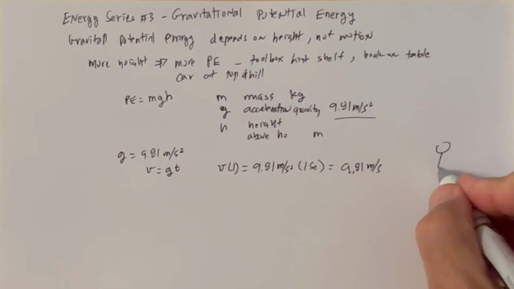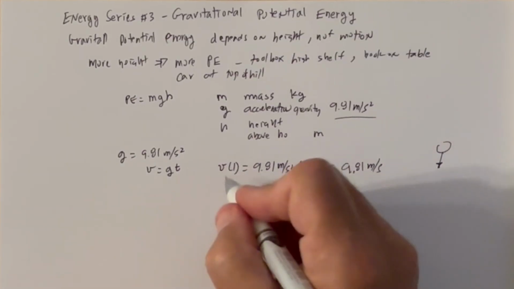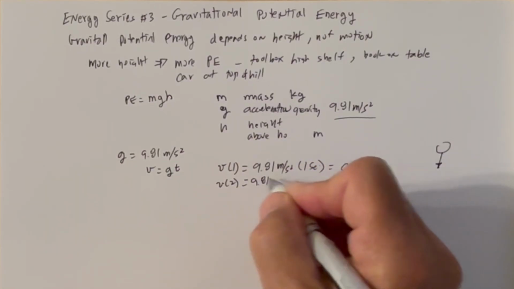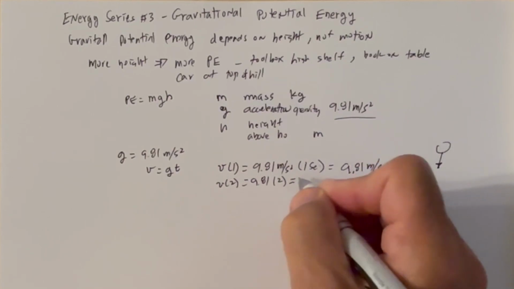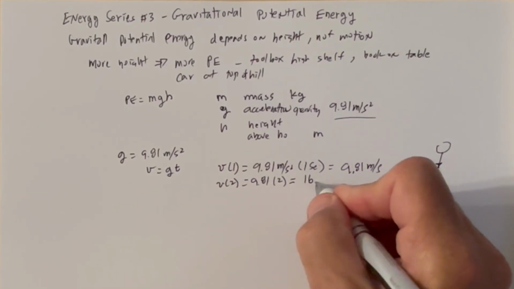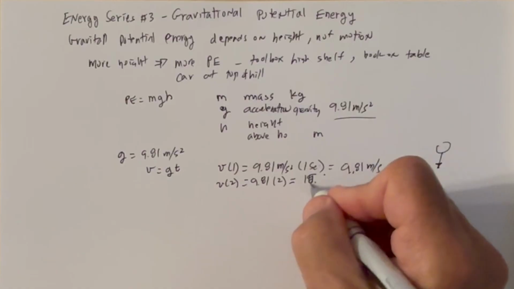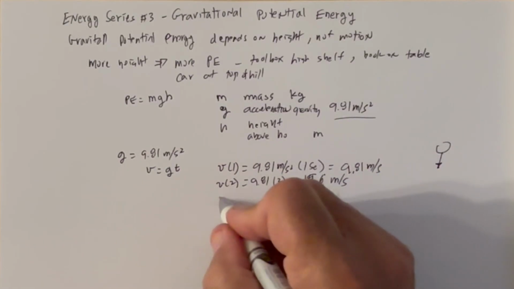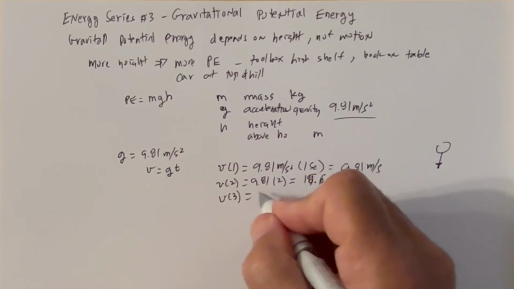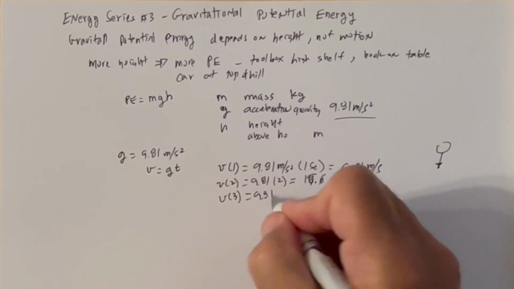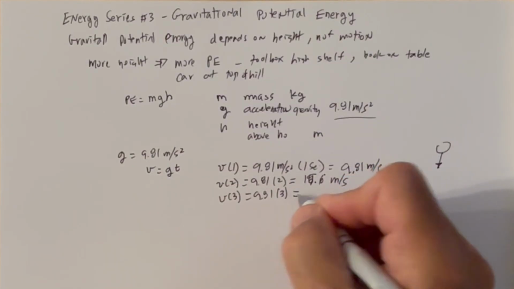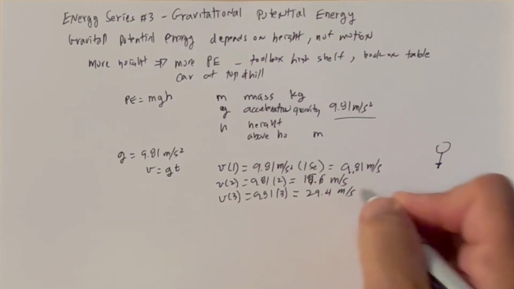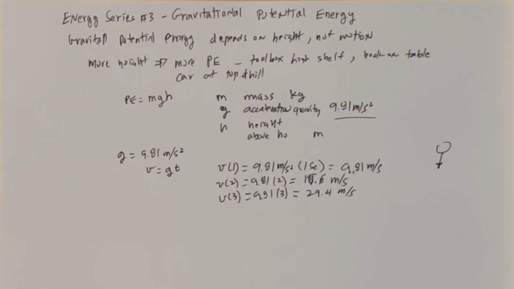Now the velocity at 2 seconds is 9.81 times 2, and that's 19.6 meters per second. After 3 seconds it's 9.81 times 3, that's 29.4 meters per second. So it's an acceleration just like a regular problem.